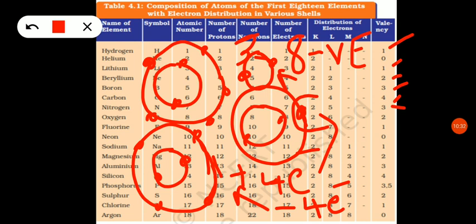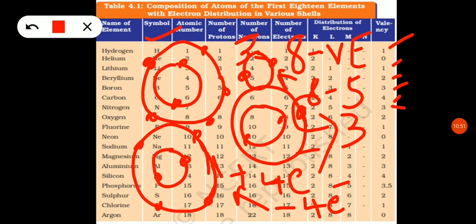Valence electrons means the electrons present in the outermost shell. So in the outermost shell of nitrogen there are 5 electrons. Hence 8 minus 5 is 3. So the 3 is the valency of the nitrogen.